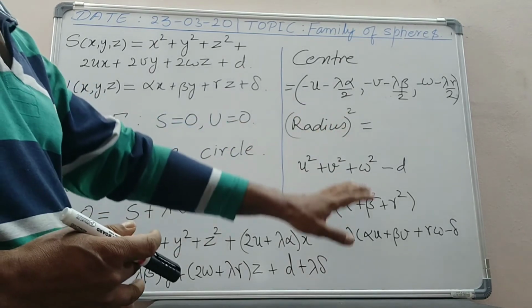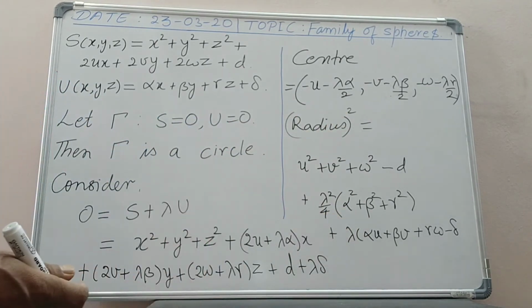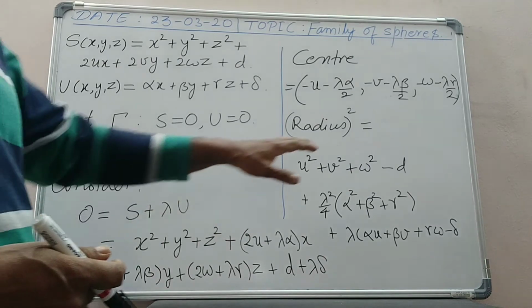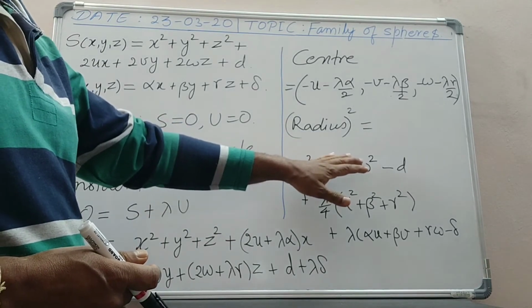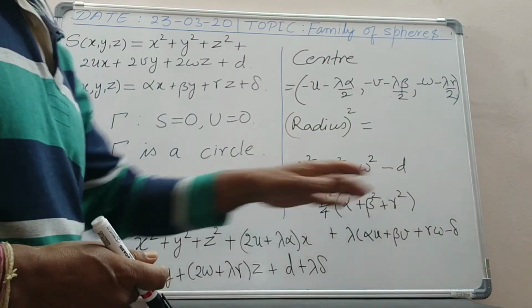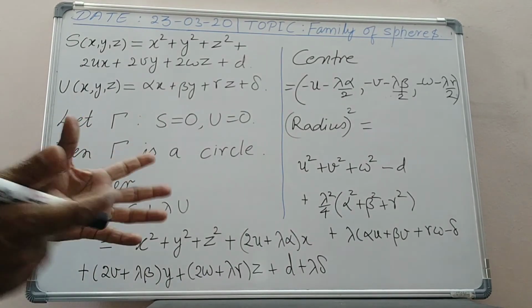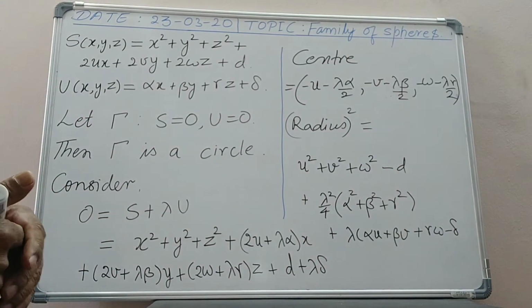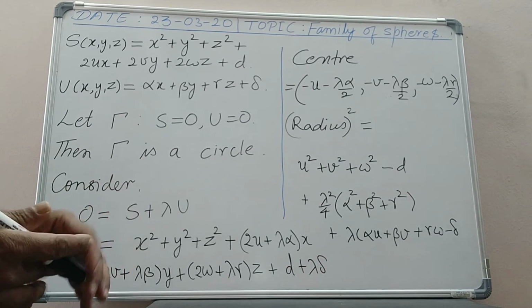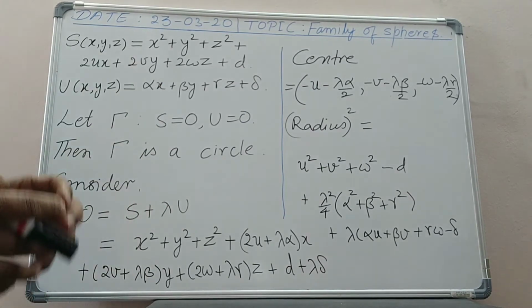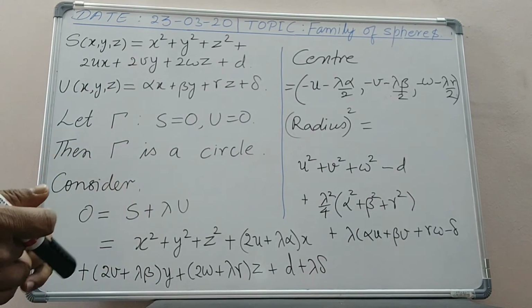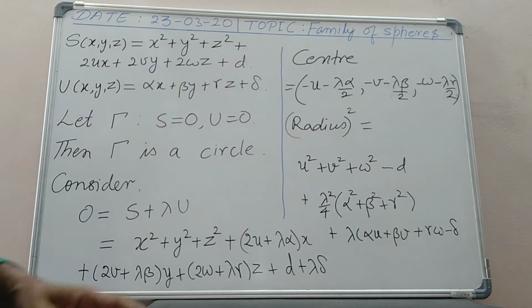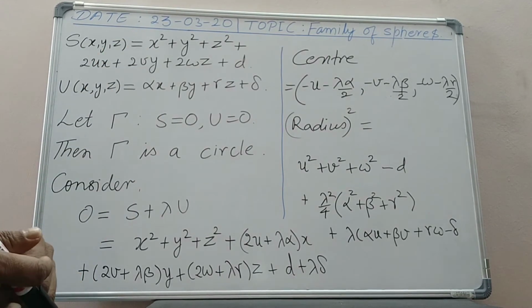Is everything okay with this? Now, the radius squared, so the right hand side will be a well-defined thing only if it is greater than or equal to 0. So S plus lambda u equal to 0 is not going to represent a sphere all the while. It will represent a sphere only under certain conditions on lambda. Let us just check that.